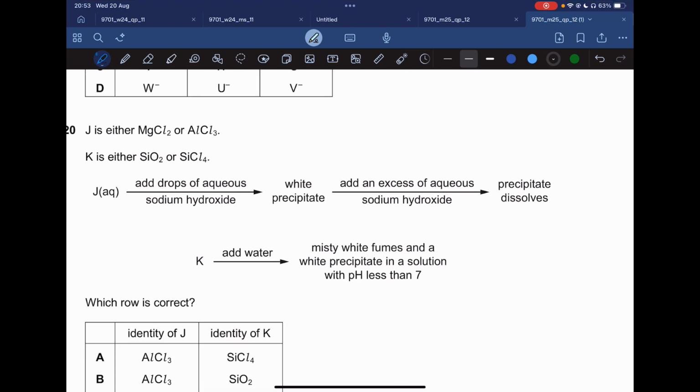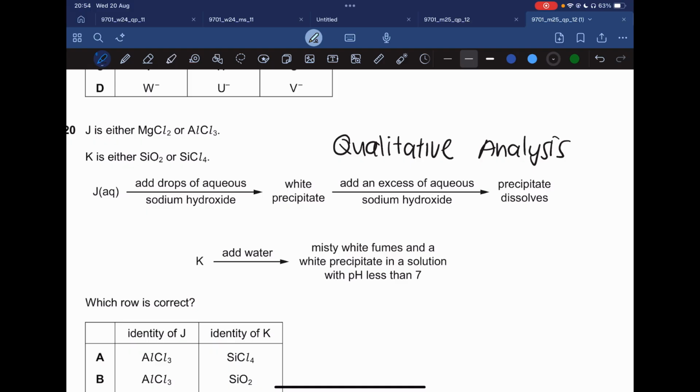Okay, with this one, J can either be magnesium chloride or aluminium chloride. K is either silicon oxide or silicon chloride. Now, with this one, you actually need to know qualitative analysis.